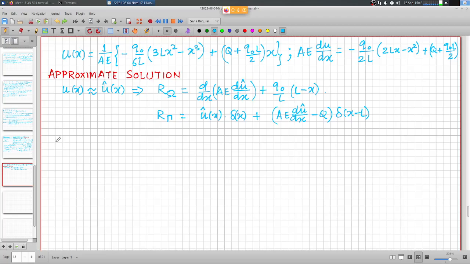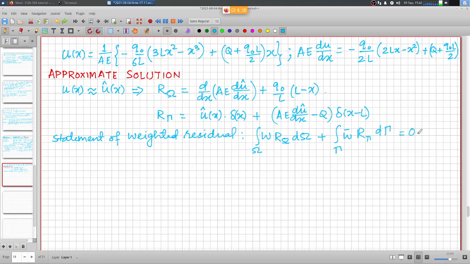So statement of weighted residual: the integral of W r omega d omega over the domain plus the integral of W bar r gamma d gamma is equal to 0.